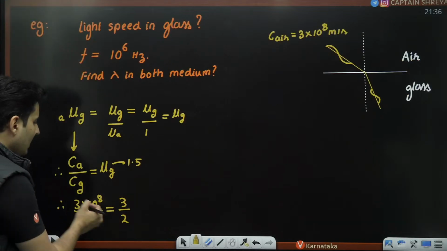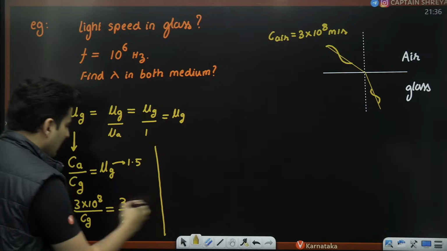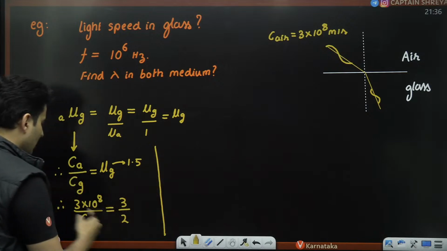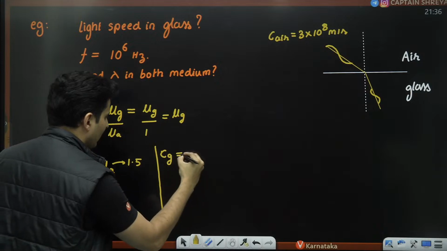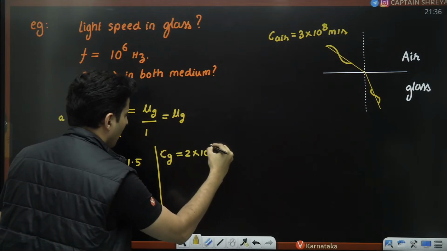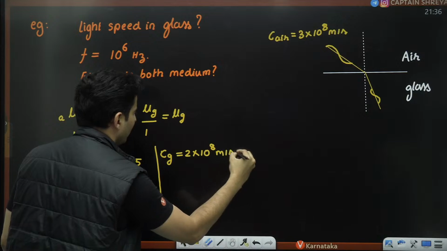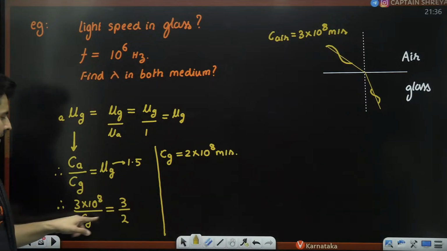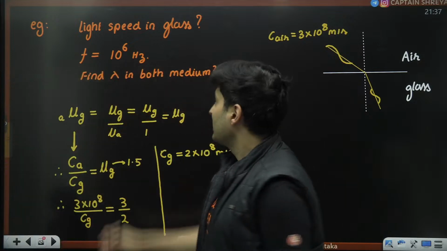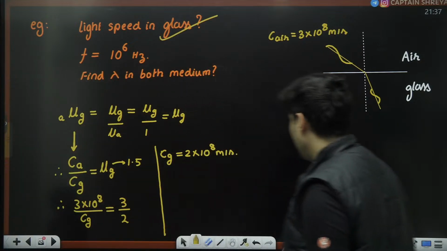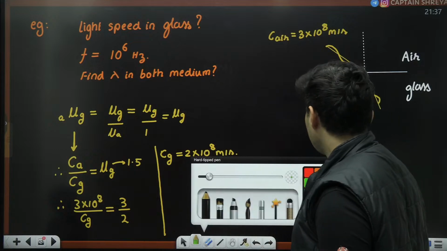So 3 gets cancelled. Therefore, 2 comes on the top, and the speed of light in glass will come out to be 2 into 10 to the power 8 meters per second. So that is done and dusted.